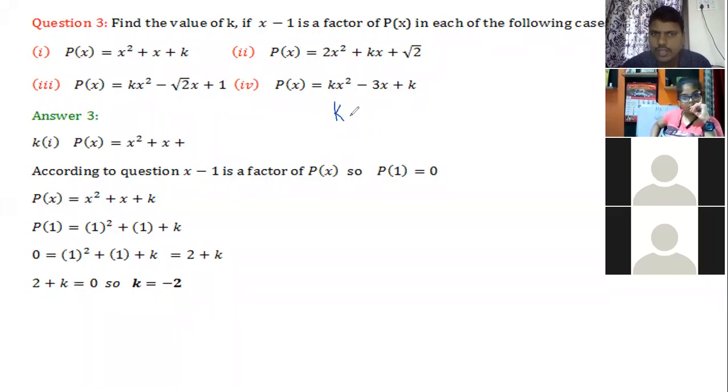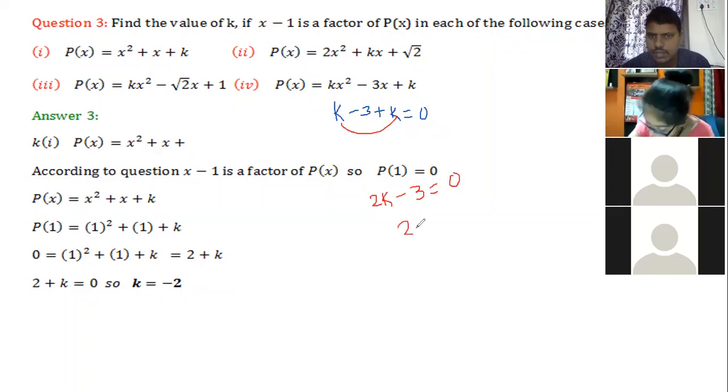1 square is 1 only. Minus 3 into 1 plus k only, we get here, is equal to 0. So k plus k, 2k. That means 2k minus 3 is equal to 0.